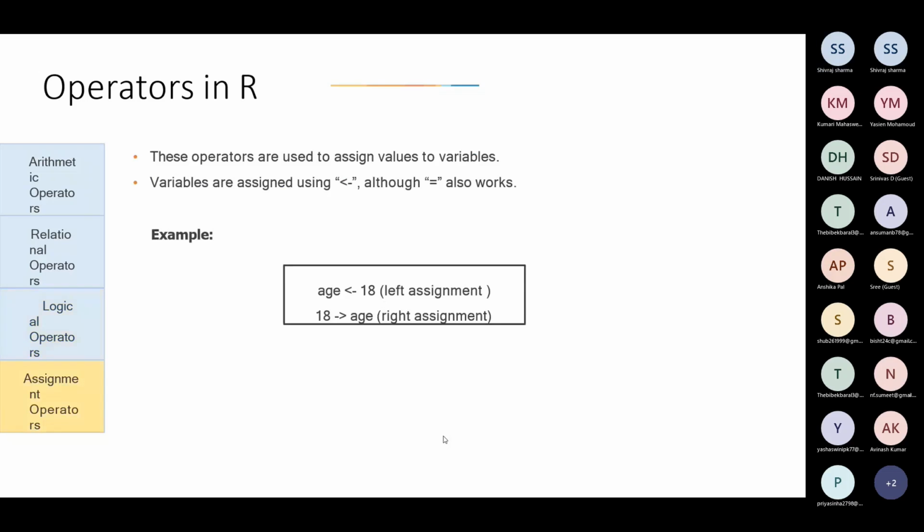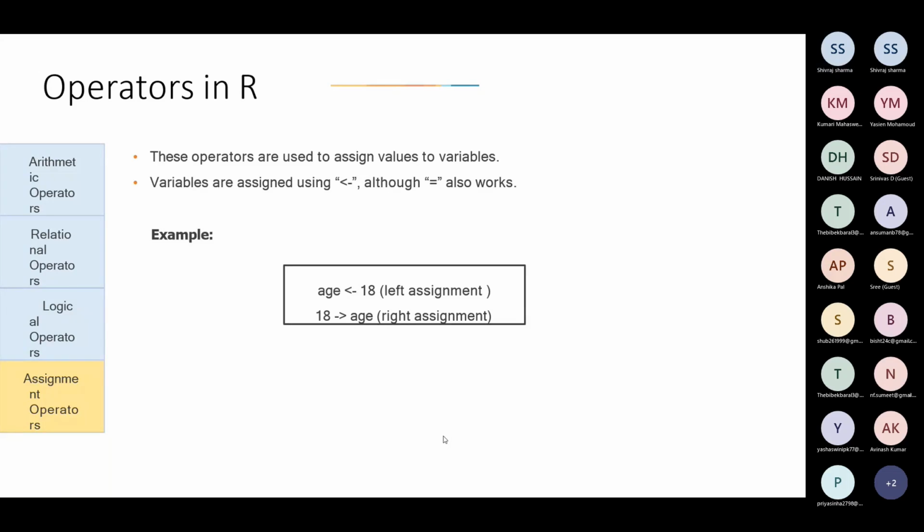Next we have assignment operators. These are the unique operators only available in R studio, or you can say R language, the assignment operators. We have two types of operators which are known as assignment operators in R. One is your left assignment and the next is your right assignment.